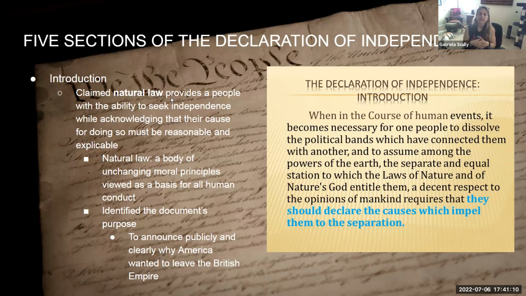So the introduction is written to give a purpose to this document, to clearly and publicly announce why America wants to no longer be a British colony, why we want our independence.